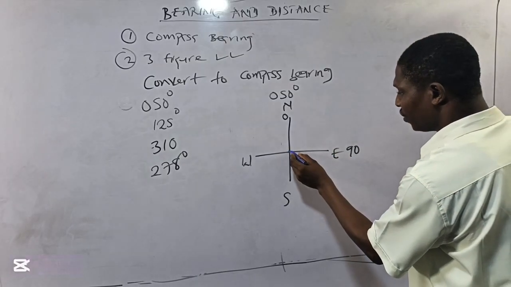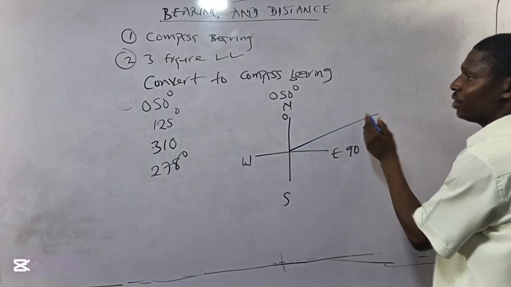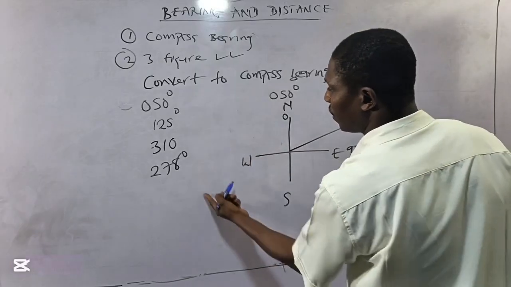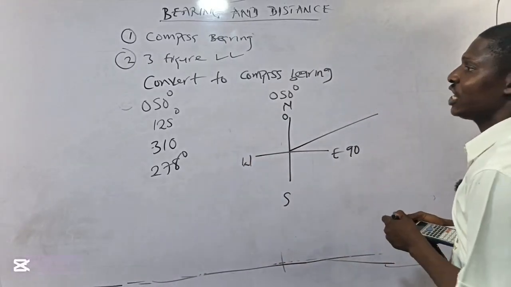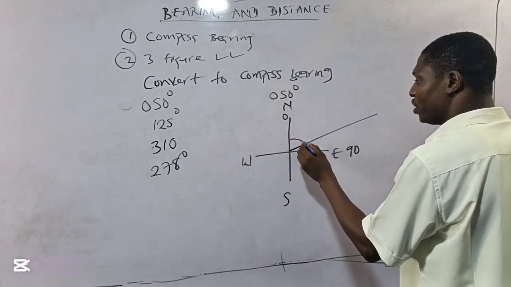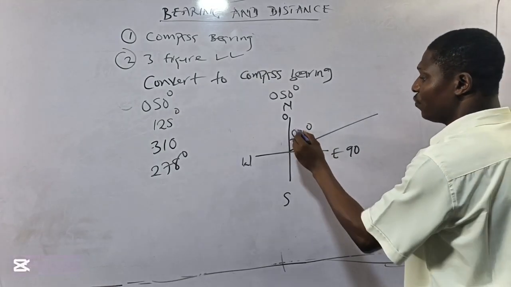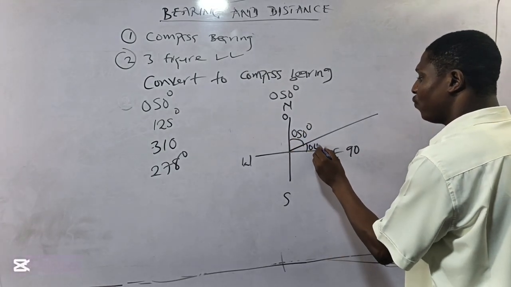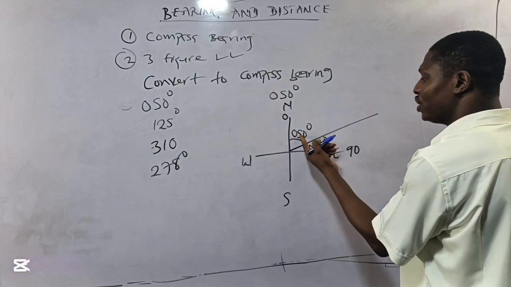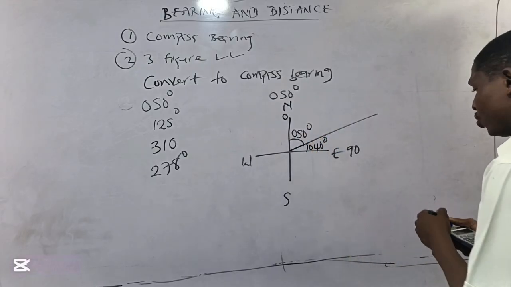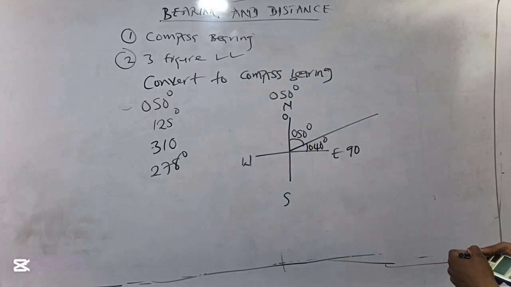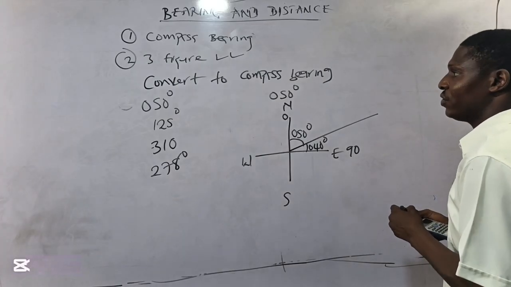So 50 is greater than 45, it will come down a little. And remember, these are three-figure bearings. It must start from the north. So from here to here is 50 degree, which is 050 degree. And here becomes 040 degree. Why? If this is 50, here will be 40 to sum up to give you 90 degree.